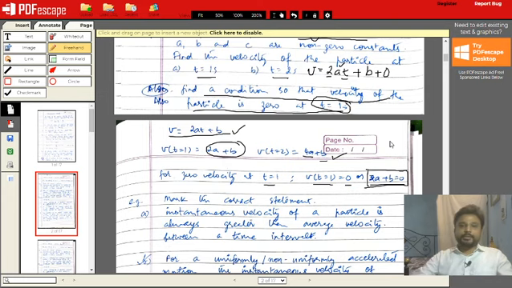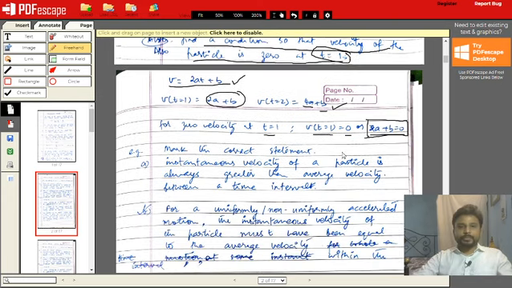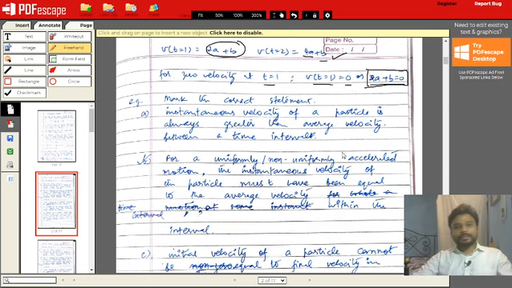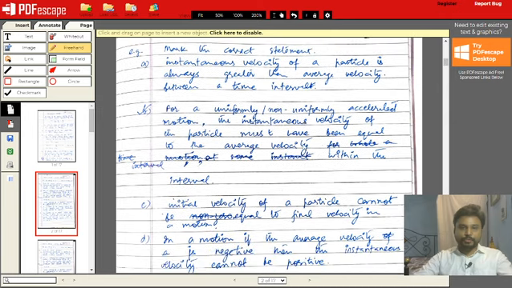Moving ahead, next we have to mark the correct statements among these 4 options. This is a common idea in objective type questions, that you are given some options, you have to mark a correct statement.